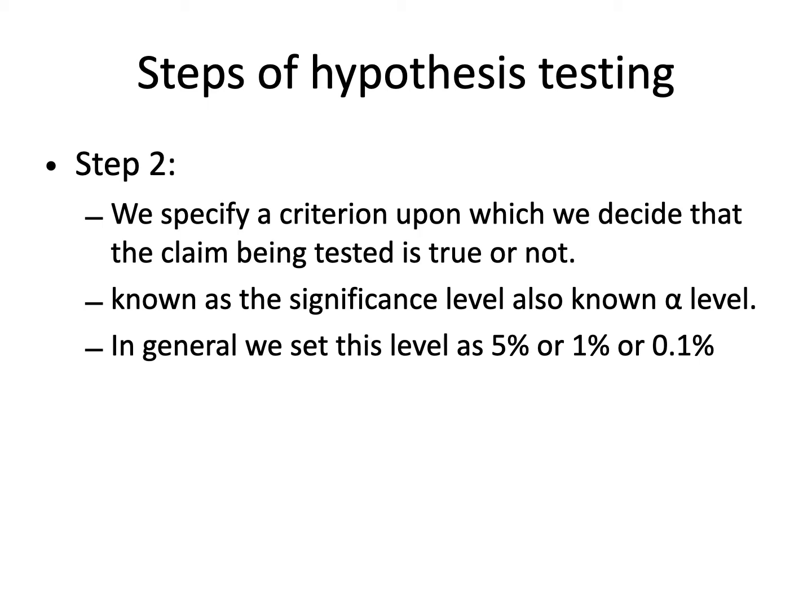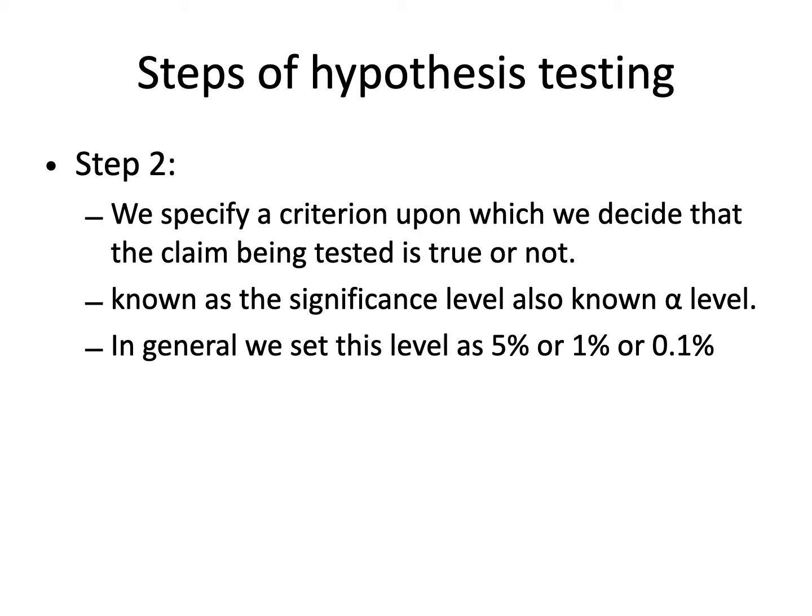In hypothesis testing, this level of significance gives us the probability of error in rejecting or accepting the null hypothesis. We can also say it is the level of rejecting a true null hypothesis.